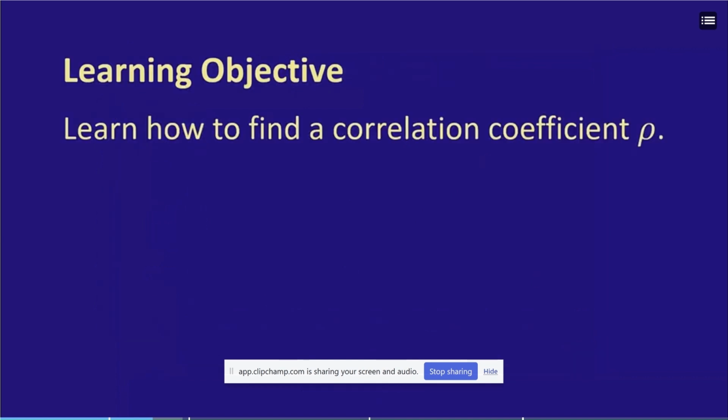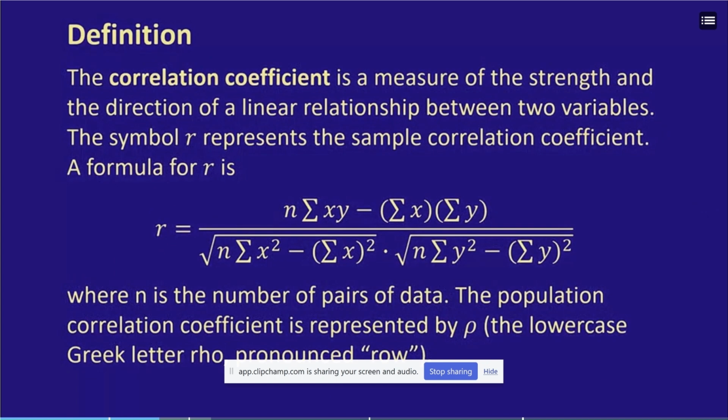Now let's take a look at our second learning objective: learn how to find a correlation coefficient, rho, between variables. The symbol R represents a sample correlation coefficient. The formula for R is equal to, in the numerator, N times the sum of the products of X and Y, minus the sum of the X's times the sum of the Y's.